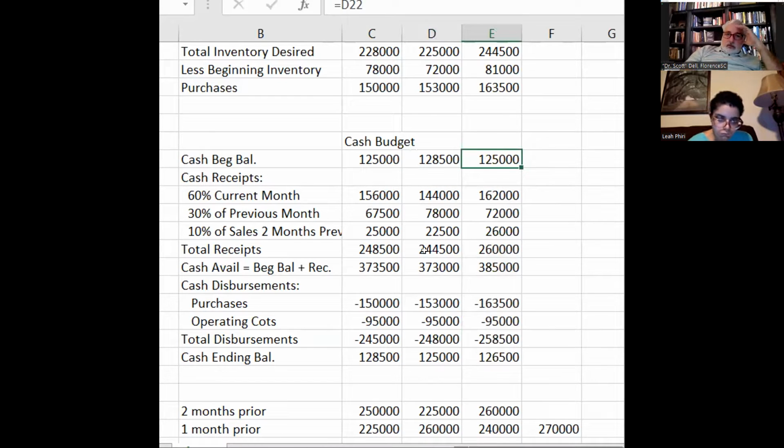So in theory, I'm looking at my collections. I'm looking at my disbursements. And I'm getting my totals here. That look reasonable? Yes, sir, I understand.